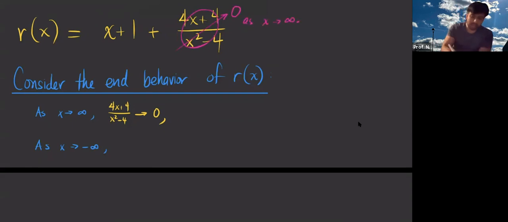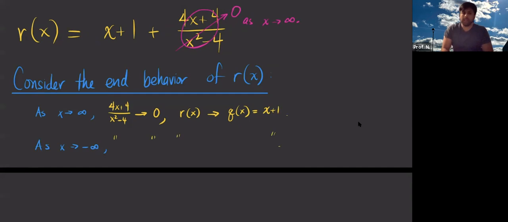So if that's the case, that means that r of x gets really close to the quotient, in this case, x plus 1. This goes for the bottom here, as x goes to negative infinity.